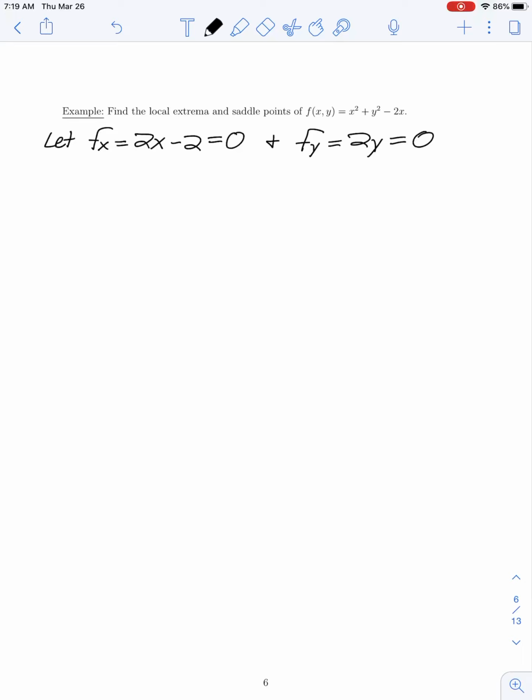And our partial with respect to y is just 2y, which we set to 0. So from our first equation, we find 2x is 2, or x is 1. And in our second equation, we find y has to be 0. So in this first example, (1, 0) is the only critical point.